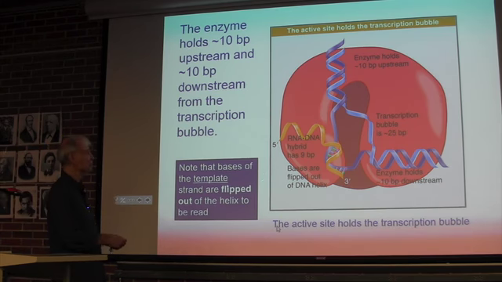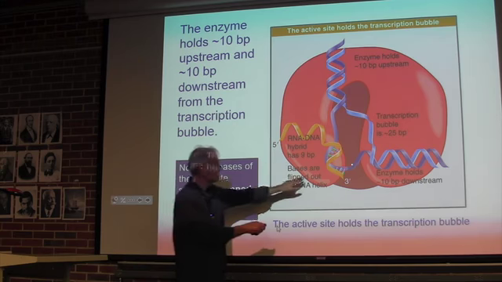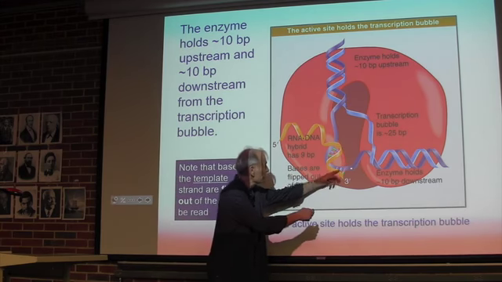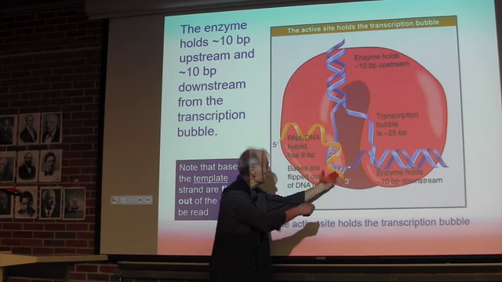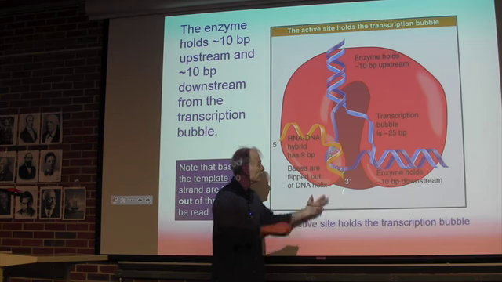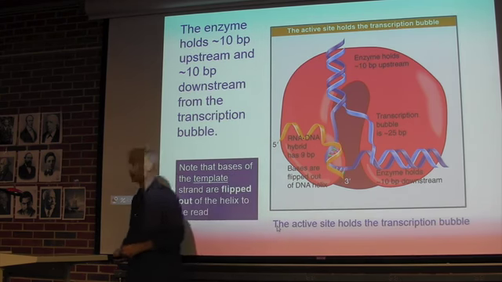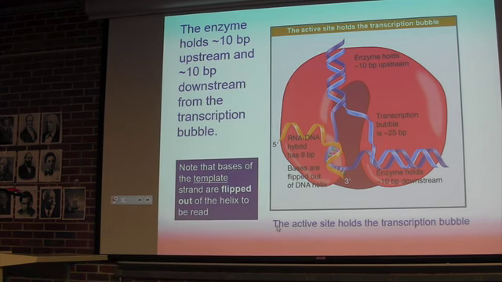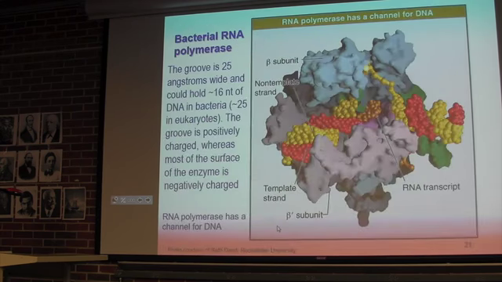You know, this base flipping mechanism we were talking about. This strand here is the template strand, and they are rotated so that they have better access to the incoming ribonucleotides. So base flipping is widely used in lots of enzymatic processes.